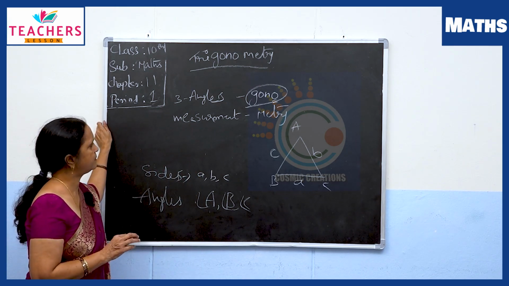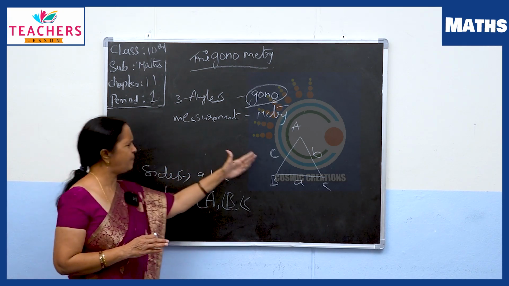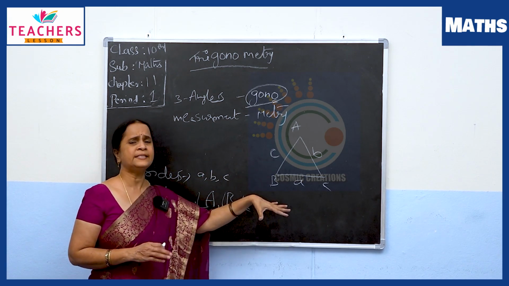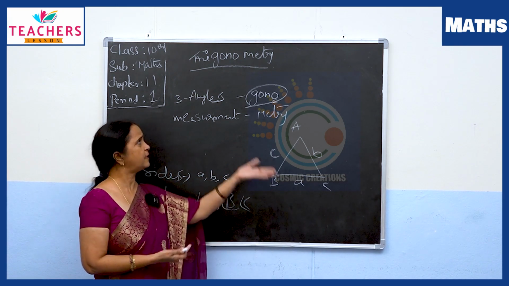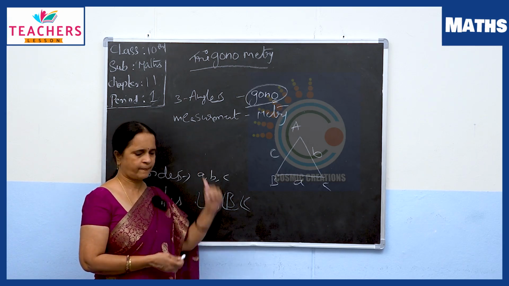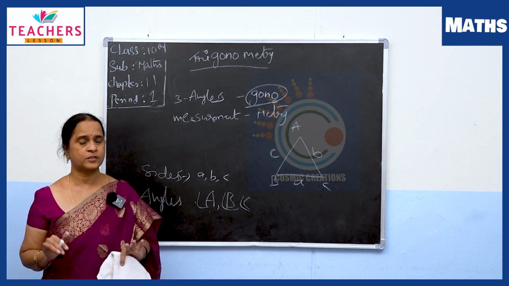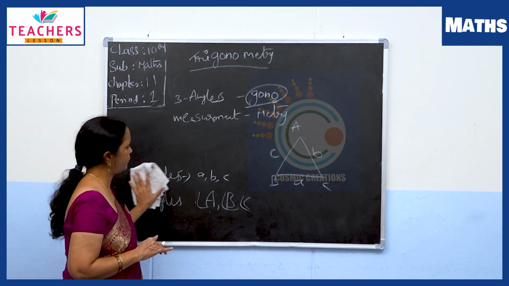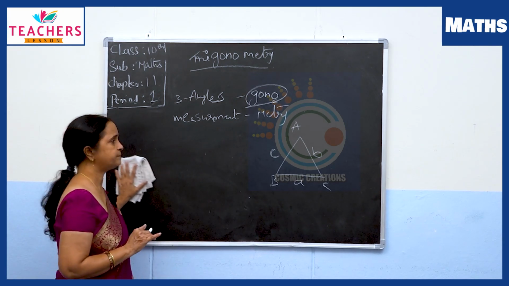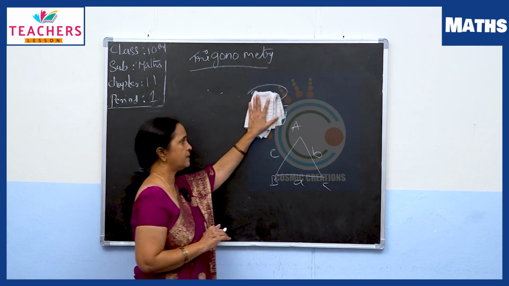Measuring all possible components in a triangle is nothing but trigonometry. Now I want to ask you, how many types of triangles are there?